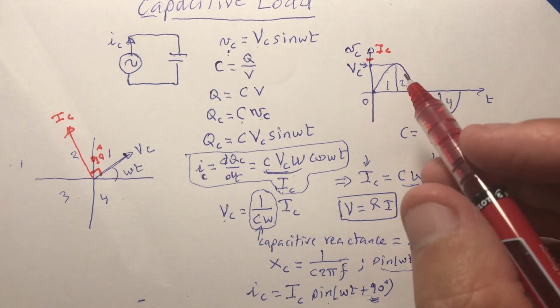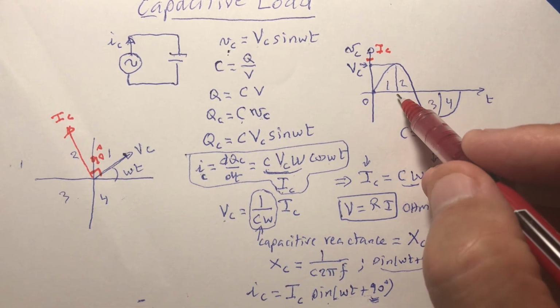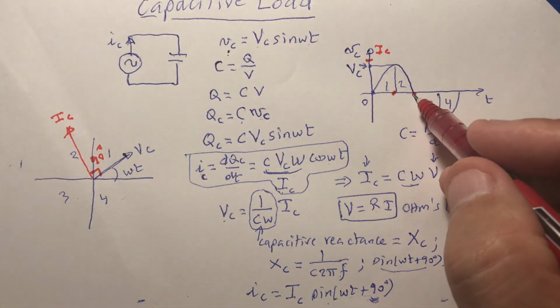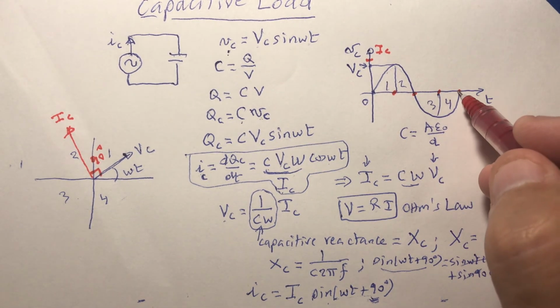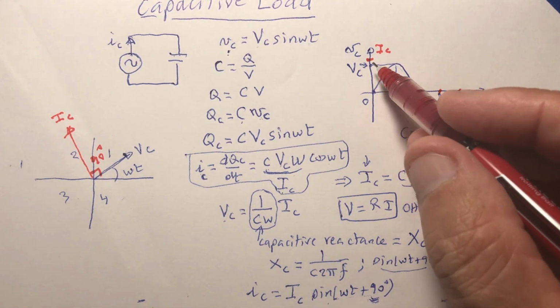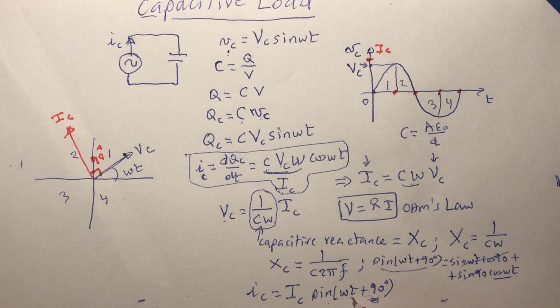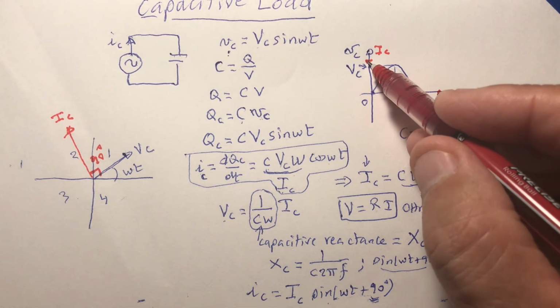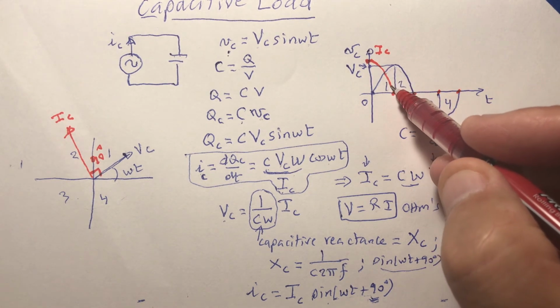So let me put this point here, then this one, then this one, and this one. So the current at time t equal to 0, I have maximum current, because at time t equal to 0, I have sine 90 times IC, this is the amplitude. So I have maximum current, so I start here, and then I come down.